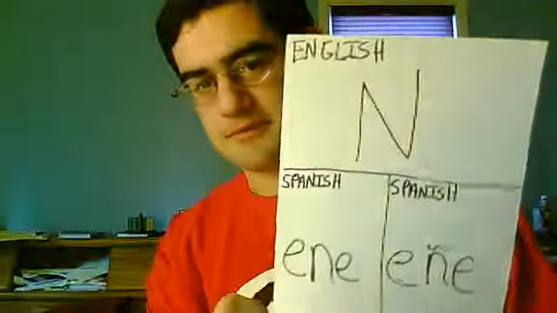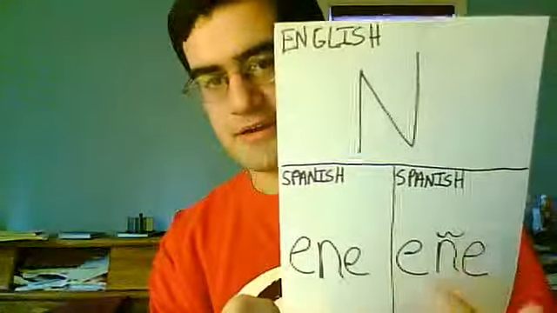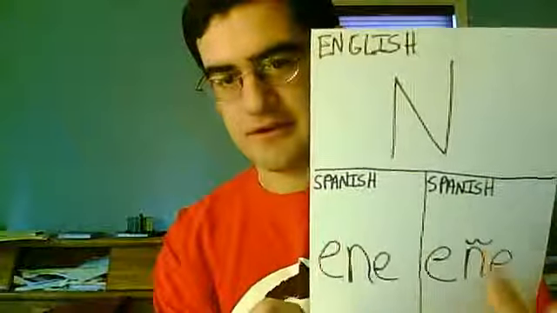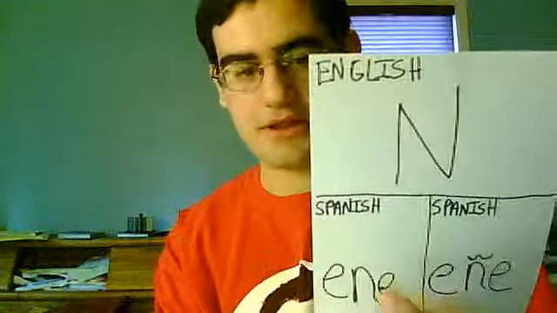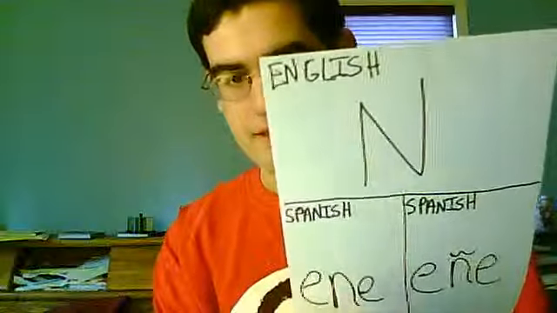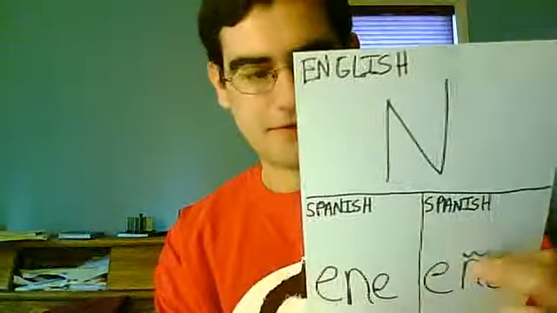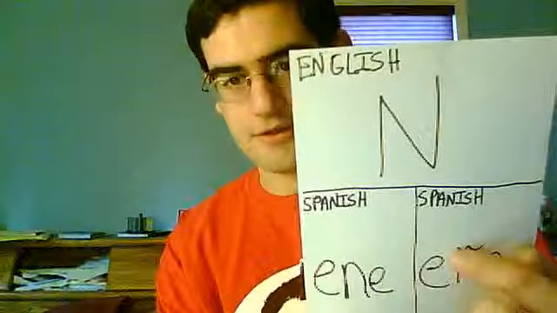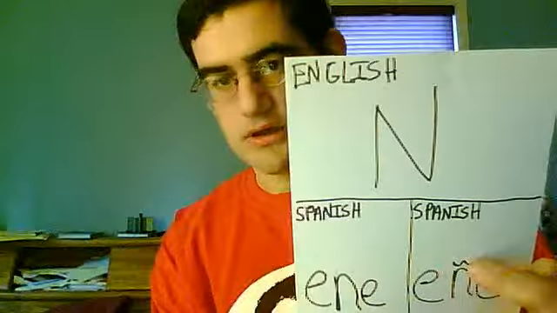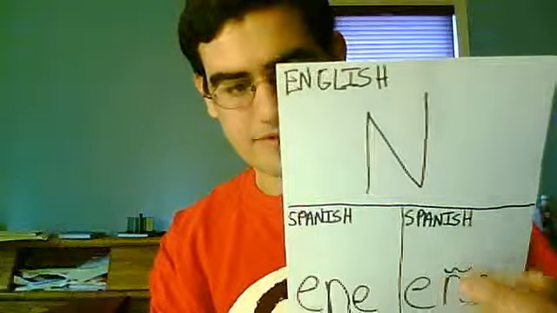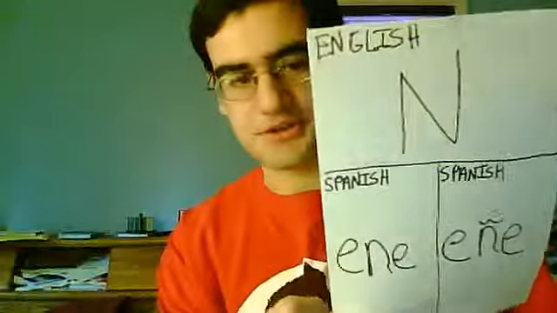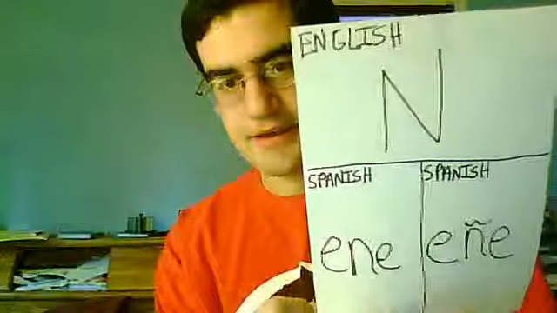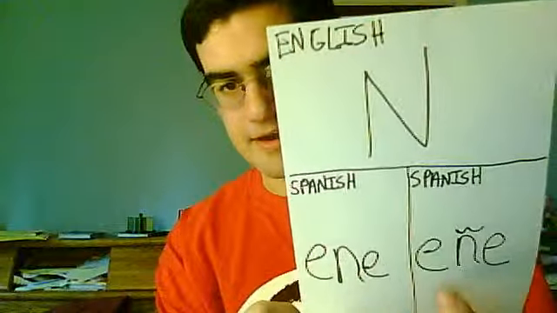The way you can tell how to say it is by this little sign right up here. What do they call this? If it has this sign above the N, you pronounce it this way. If it doesn't, you just pronounce it "ene." "Ene," "enye."